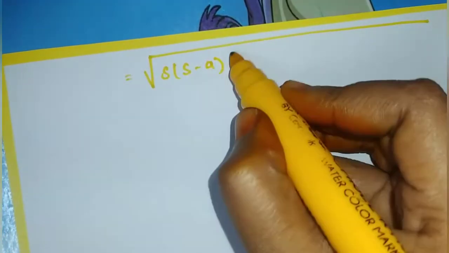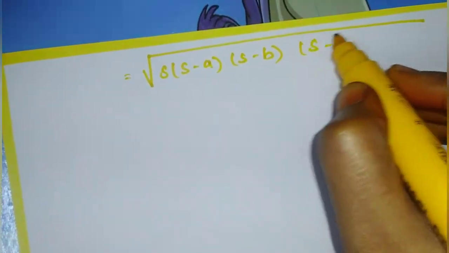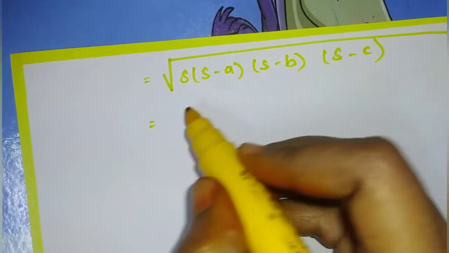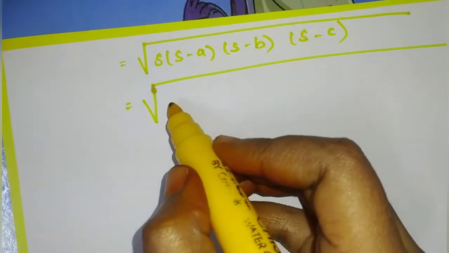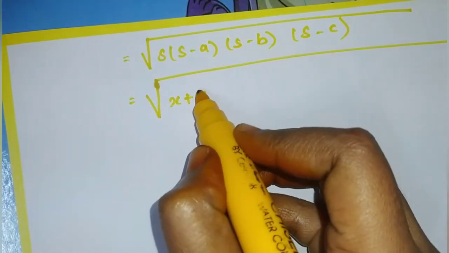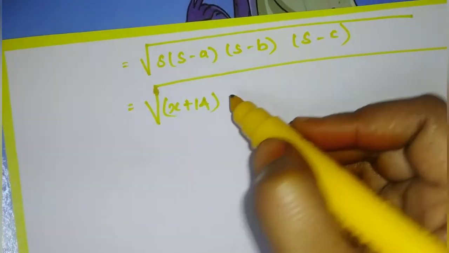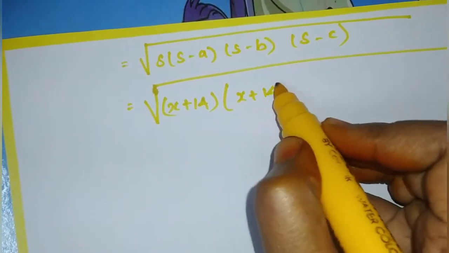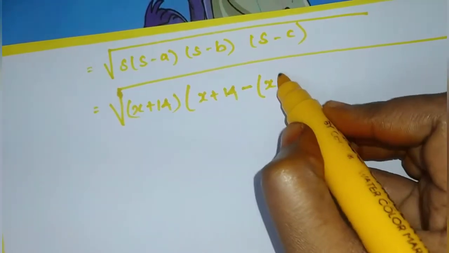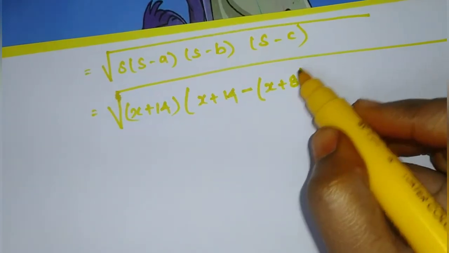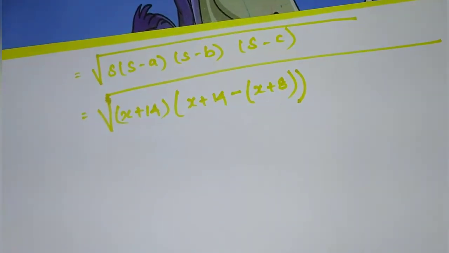Next, apply the formula here: root of s into s minus a, s minus b, s minus c. Clear, children? What is the value of s we found? s is x plus 14. So x plus 14 minus a, where a is x plus 8. Clear? Close the bracket carefully.